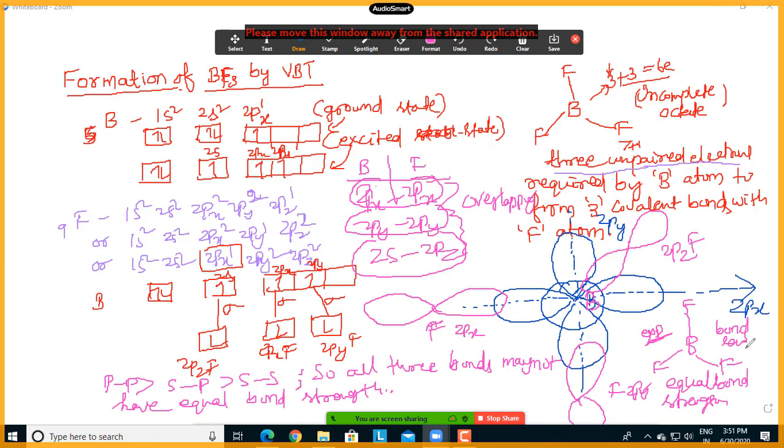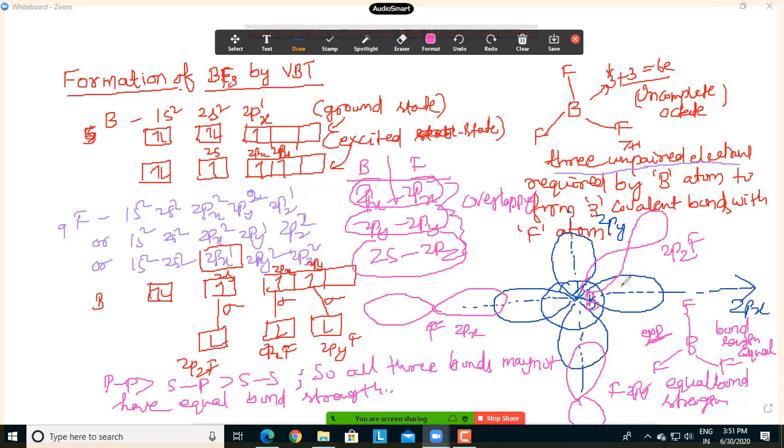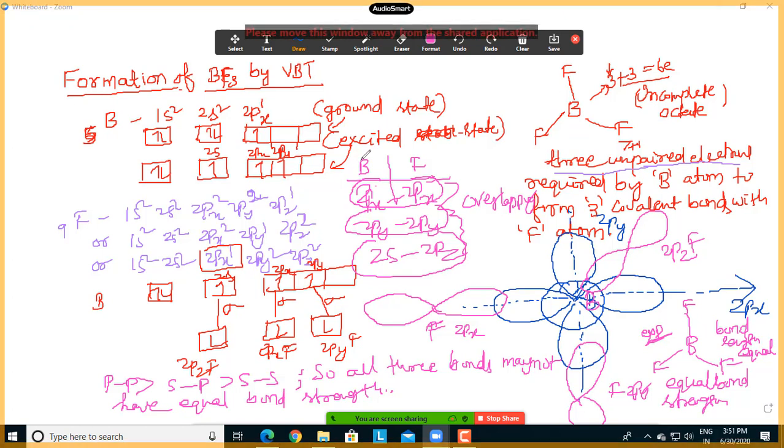Bond length and bond strength both are equal. If bond length, bond strength both are equal, then this theory may not be correct.